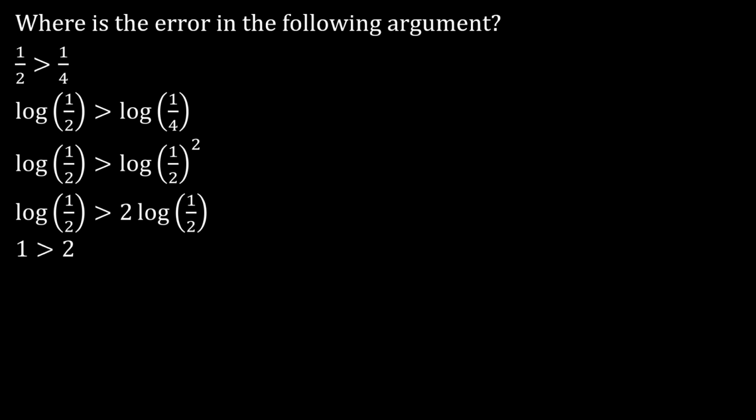Log half is larger than log half to the power of 2. Log half is larger than 2 times log half. So we get 1 larger than 2. Where is the error of that argument?